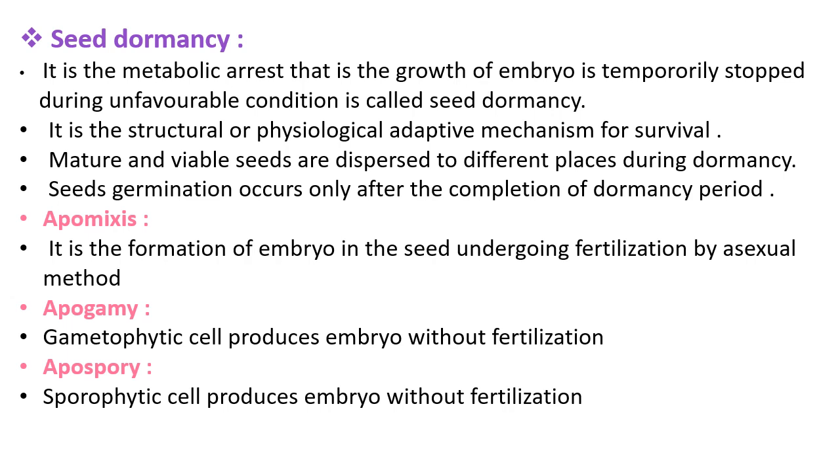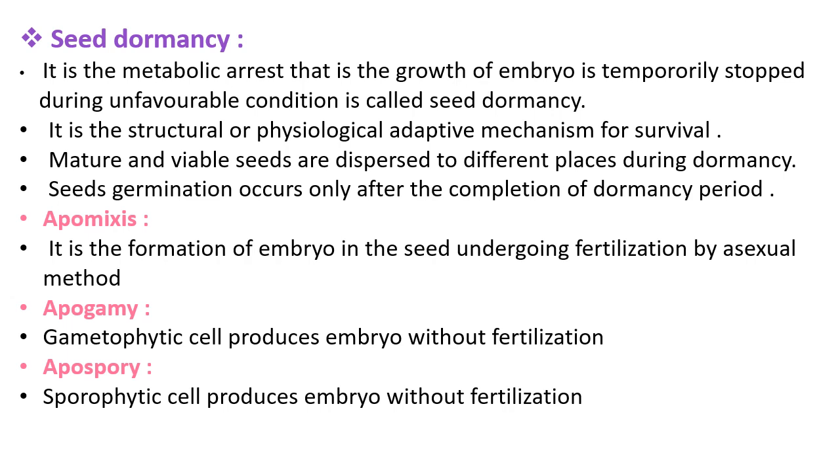During the process of seed dormancy, mature and viable seeds are dispersed. Viable seed means the seeds are having the capacity to undergo the process of germination.